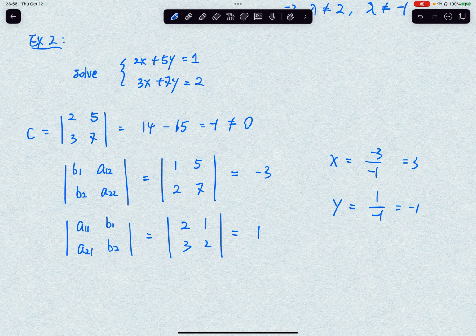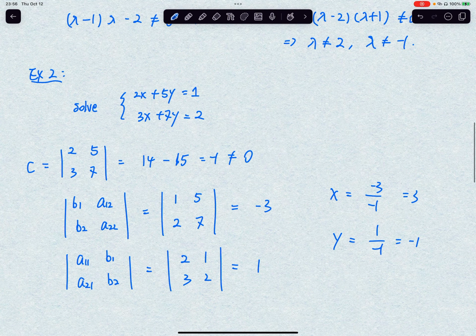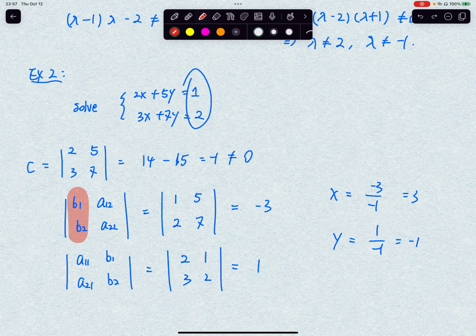So we can see that in calculating the solution of the linear system, we simply replace the right-hand side by the first column, that is the coefficients of the first variable, and then we can find the corresponding denominator of the solution for x, for the first variable.